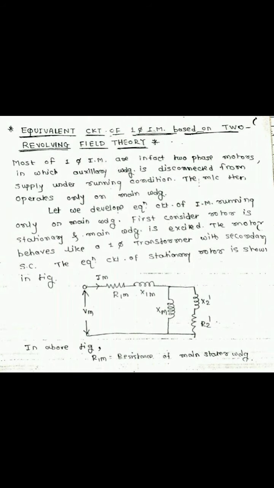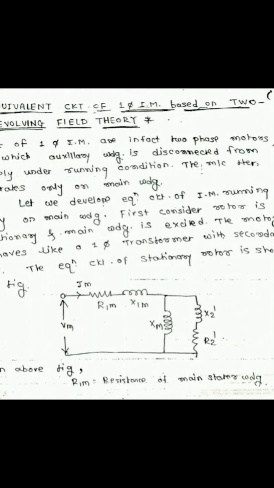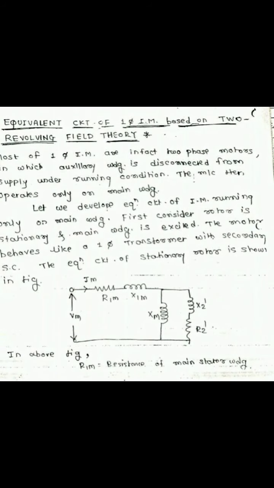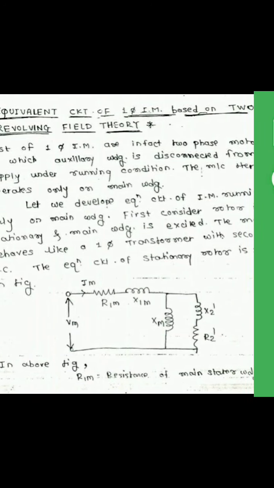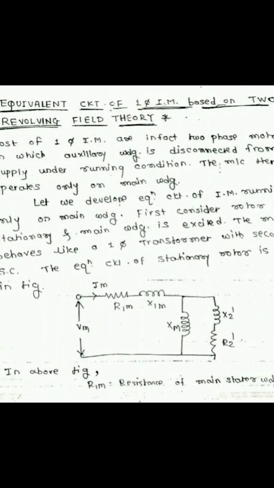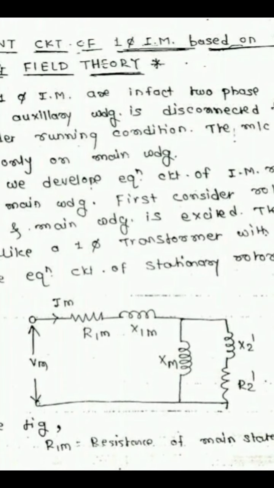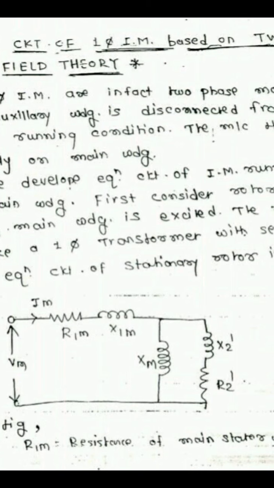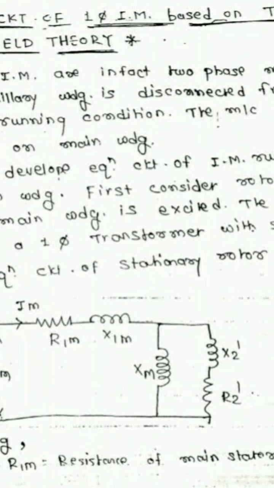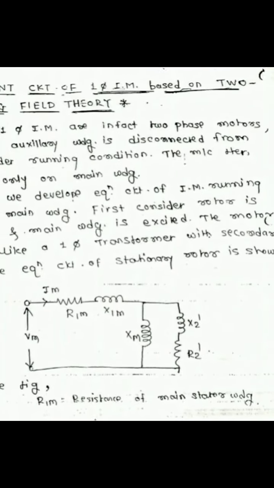In the figure there is the main winding resistance and reactance, that is the stator winding resistance and reactance. X2 dash and R2 dash are the rotor winding reactance and resistance. XM is the mutual reactance. This XM is divided into two parts, XM by 2 and XM by 2.